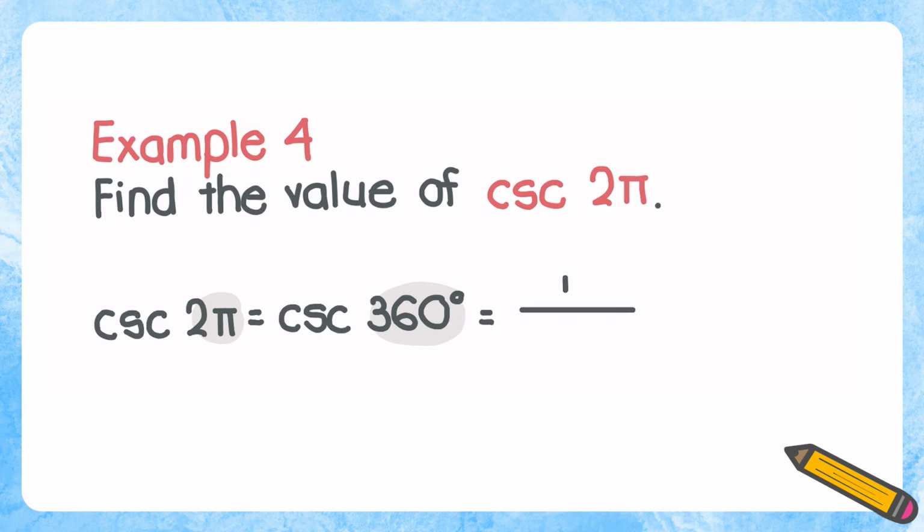So 1 over sine of 360 degrees. Sine of 360 degrees is 0, so we have 1 over 0, which results in an undefined answer. So cosecant of 2 pi radians is undefined.